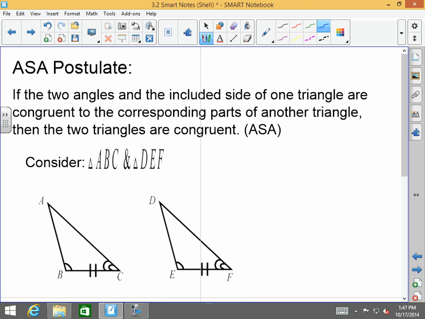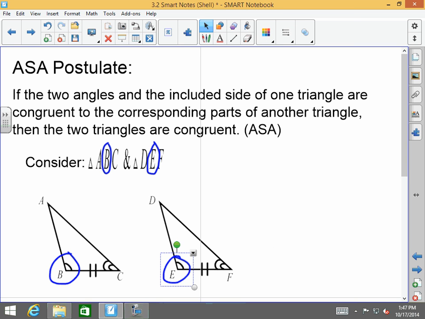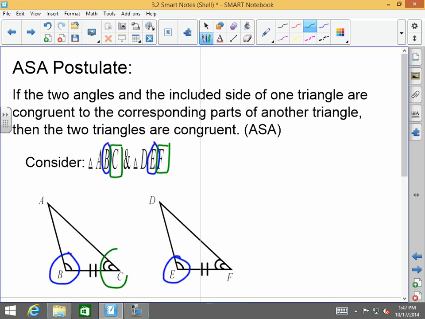So if we look at angle B here, angle B corresponds with angle E. And according to our figure, angle B is congruent to angle E. If we look at the next correspondence here, let's take a look at angle C and angle F. Angle C and angle F, according to our figures, are also congruent.